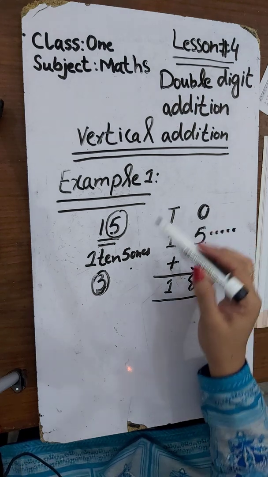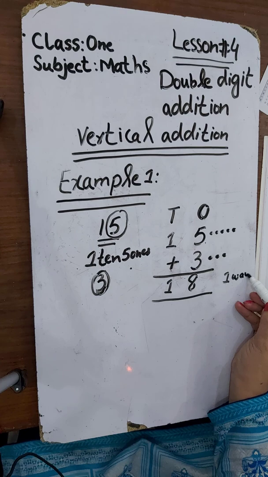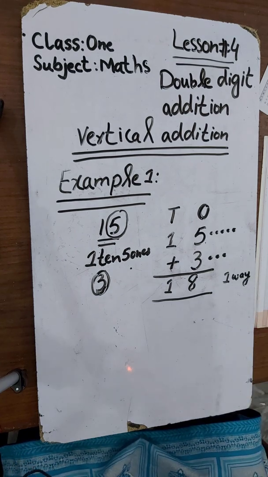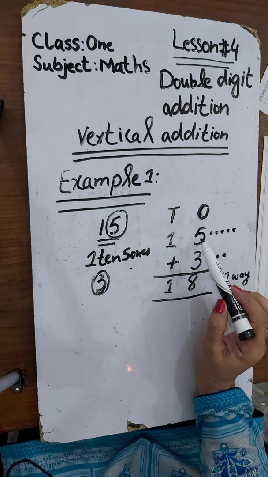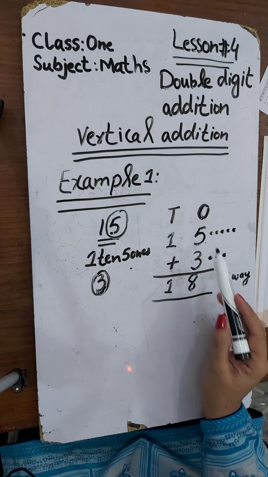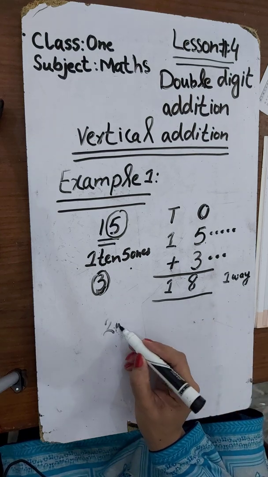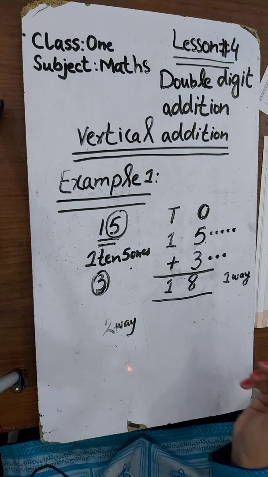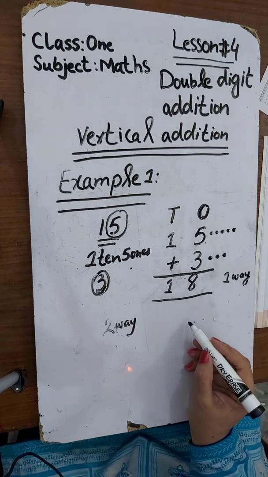Okay students, this is one way to write vertical addition. There is another way. Here you see I wrote the double digit number above and the single digit number below. In the second way, I will write the single digit first.